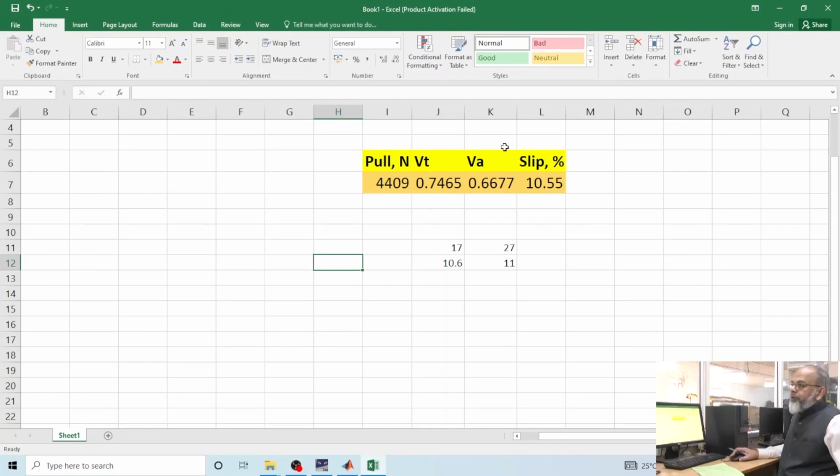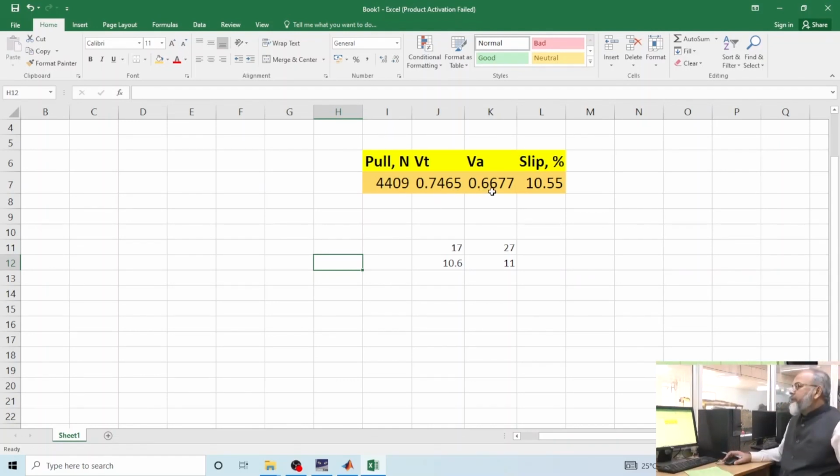So, for a pull of 44 kg and a loading condition, that means total weight on the wheel of 1400 kg, in a soil condition where the cone index is 630 kilopascal, we are getting a slip of 10.55%.